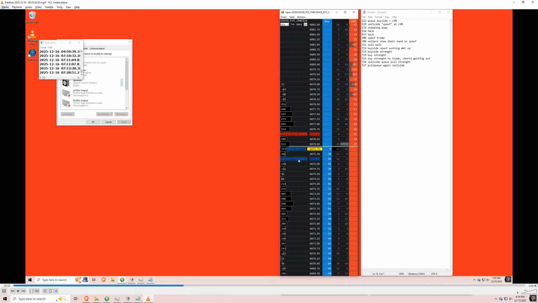Still holding 75.75. Just sitting there absorbing sellers. They can't get it lower. I get out for 2 ticks. Big battle there. Still can't hit the 76.